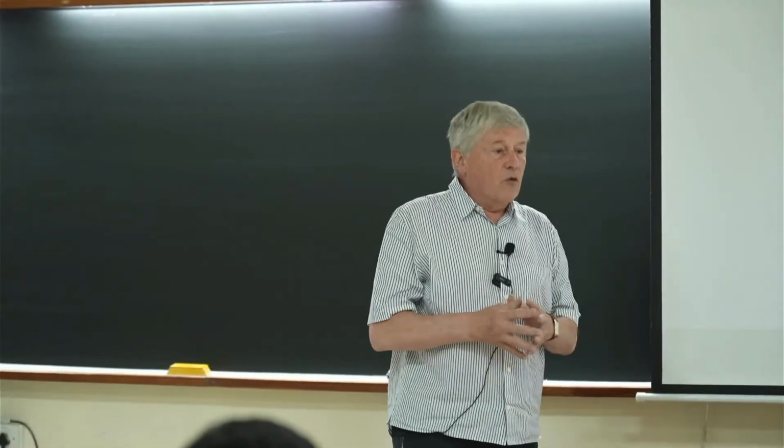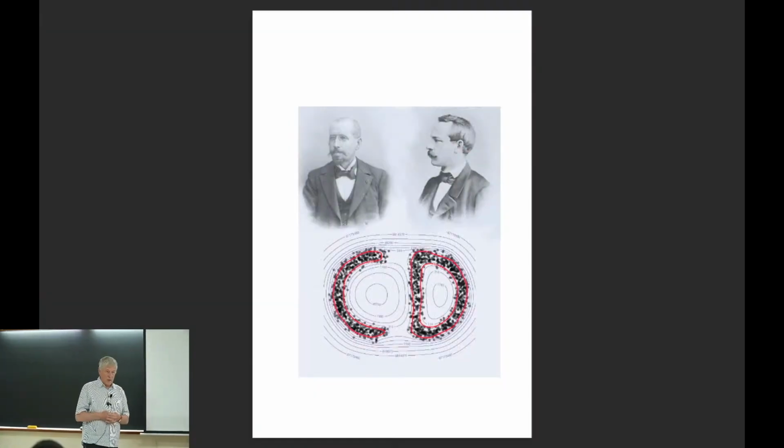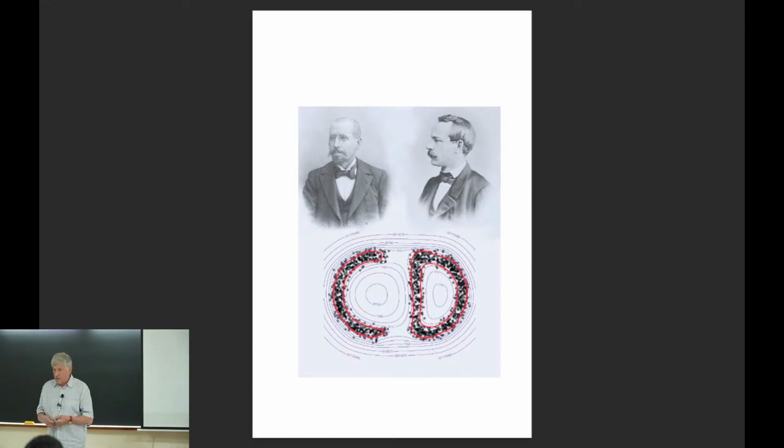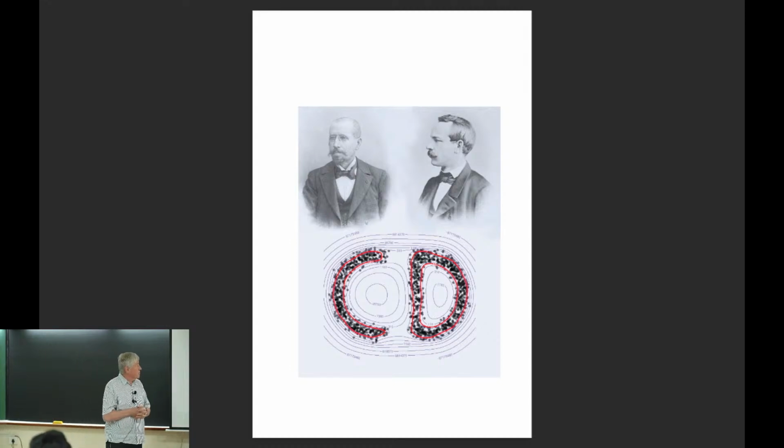These names are known to you for many important contributions to mathematics. For instance, Christoffel in differential geometry and conformal mapping, Darboux for the geometry of surfaces, also for applications to analysis. He has an integral and so on.